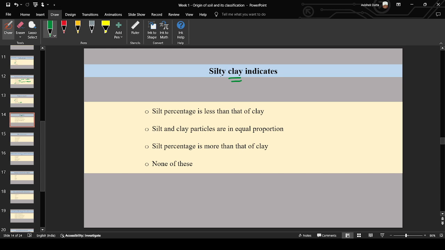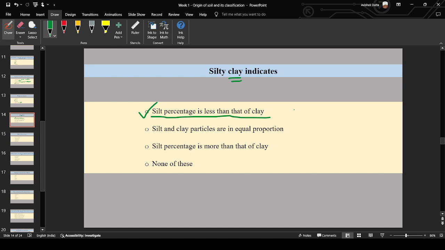So if clay is the main composition, obviously the percentage of clay will be more than that of silt. So silt percentage is less than that of clay. This is the correct option, as per the nomenclature.